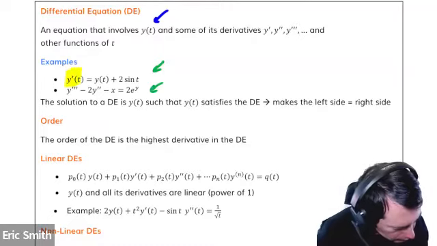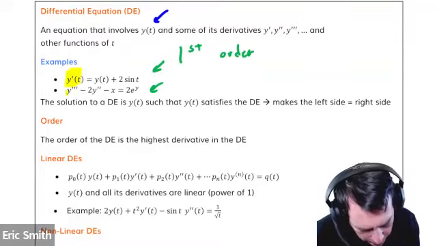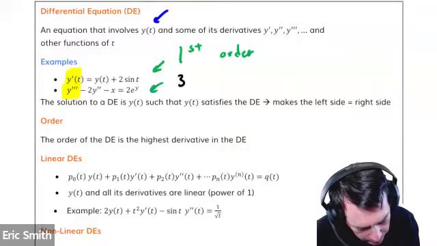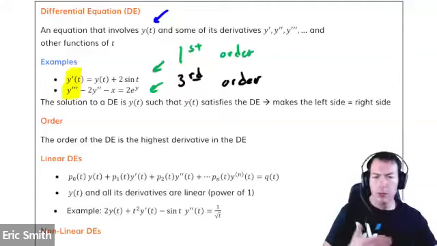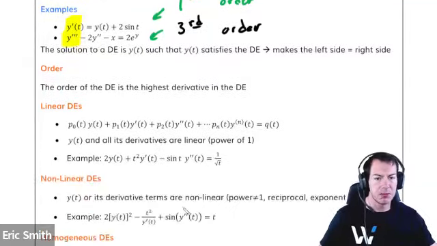So I'd simply classify this as first order. The other one has its highest derivative as a third derivative. So we'd simply classify that as third order. Pretty straightforward, look at whatever derivatives you have in there, find the biggest one. That's going to be the order of the differential equation.